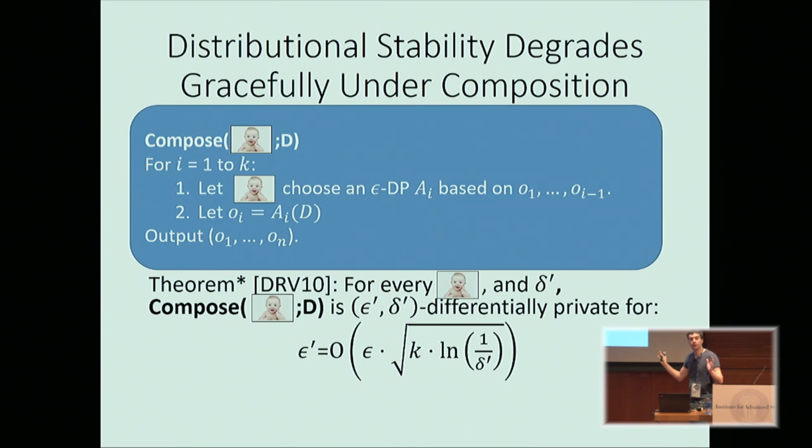And finally, we output the result of all of these computations. Then, no matter who the data analyst was, and for any delta prime we might like to pick, this composition is itself epsilon prime, delta prime differentially private, where epsilon prime is a well-behaved function that degrades from epsilon at a rate that's roughly only the square root of k, the number of rounds of adaptivity.